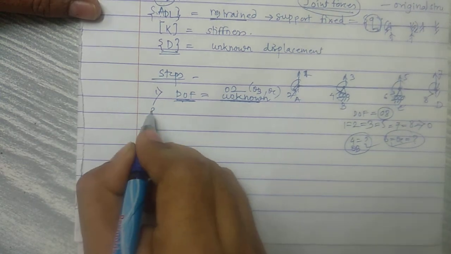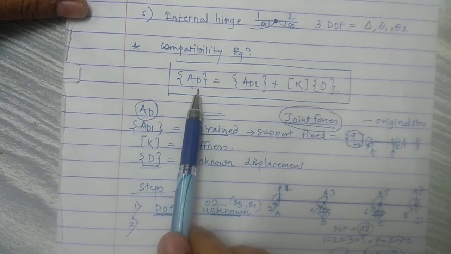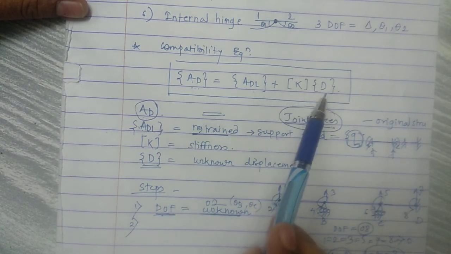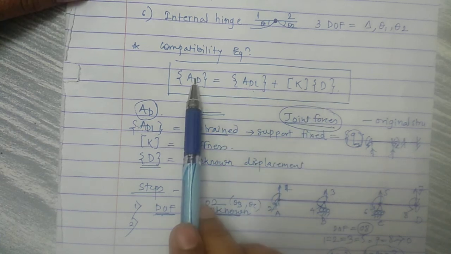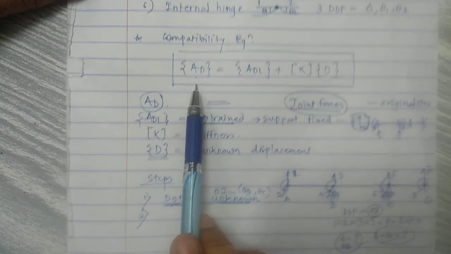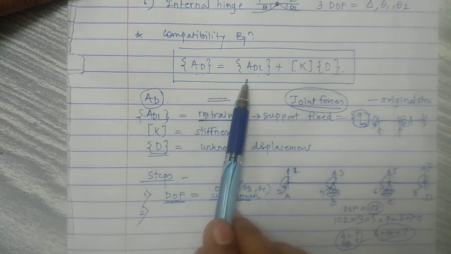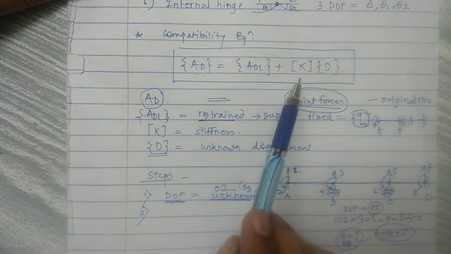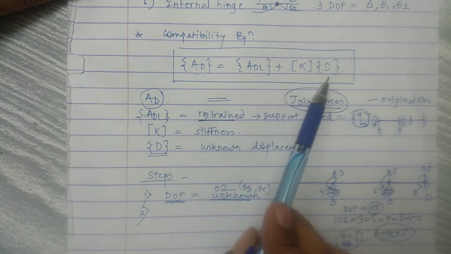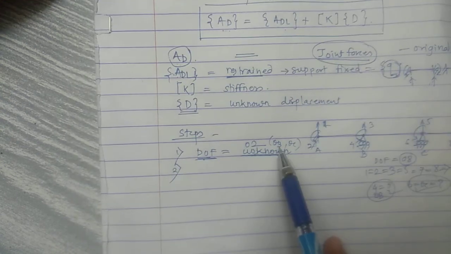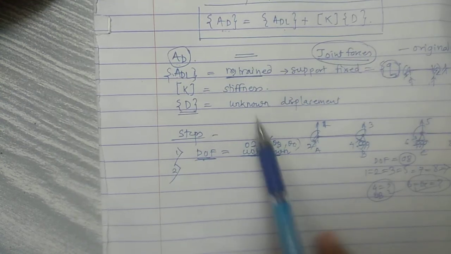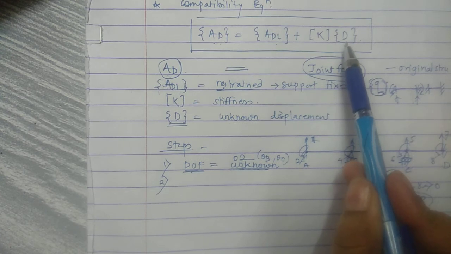The second step is according to the equation we have just seen: AD matrix, ADL matrix, K matrix and D matrix. You have to calculate the AD matrix, the ADL matrix, then the K matrix, and D is already defined, that is theta B, theta C. Apply this equation and calculate these unknown degrees of freedom.